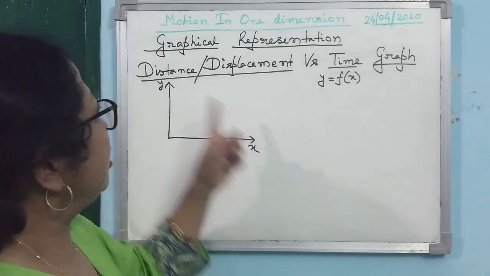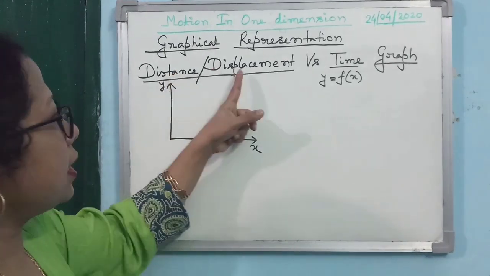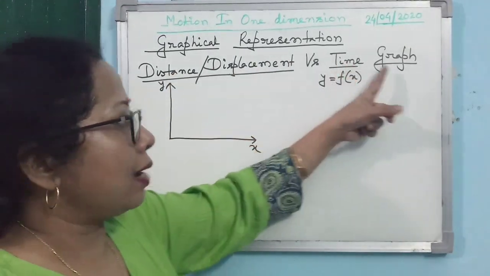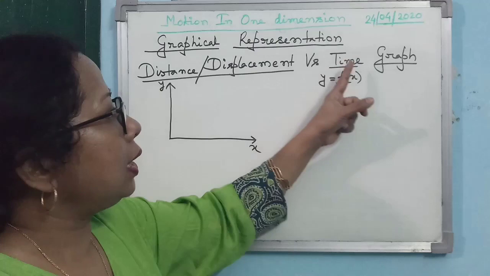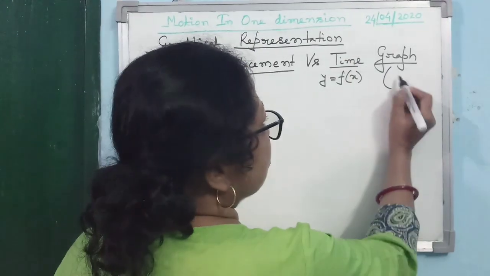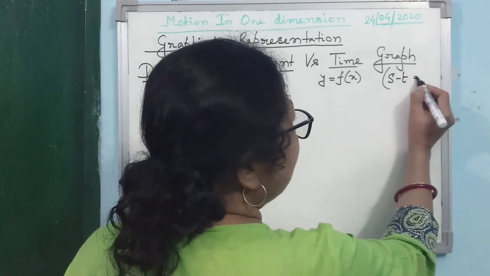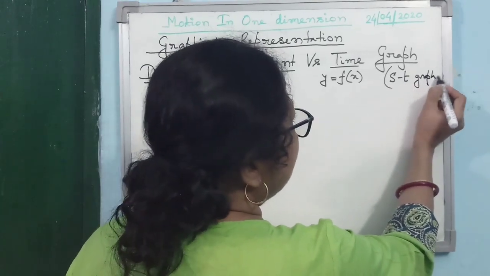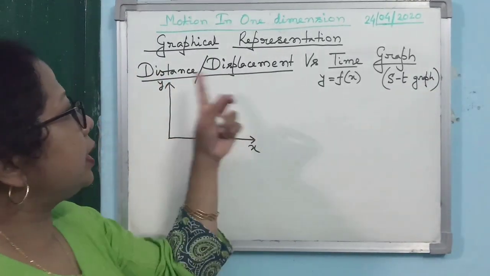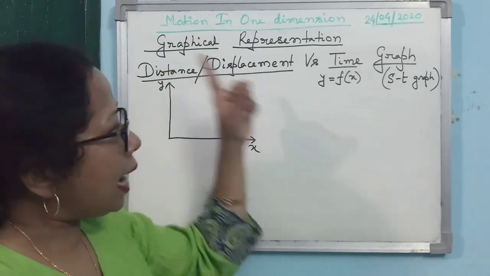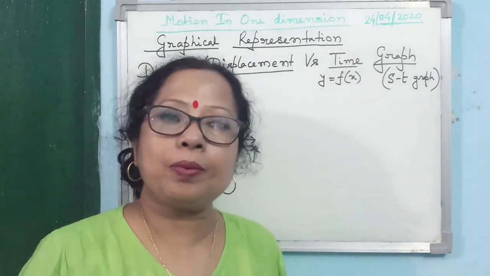Alright. So here first is the distance or displacement versus time graph. We call it the ST graph also. Okay, S is not speed, remember, S is distance or displacement. Clear? Now here, out of distance, displacement and time, time is the independent quantity.